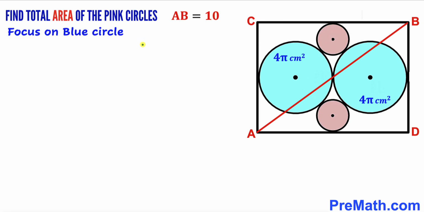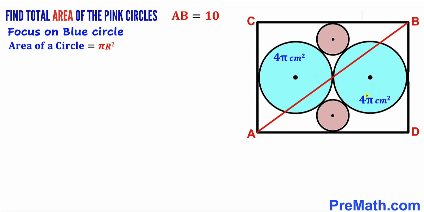Here's our next step. Let's focus on one of these blue circles. The area of this blue circle is 4 pi centimeter square. Now let's recall the area of a circle formula. Area equals pi R square, where uppercase R is the radius of this blue circle.